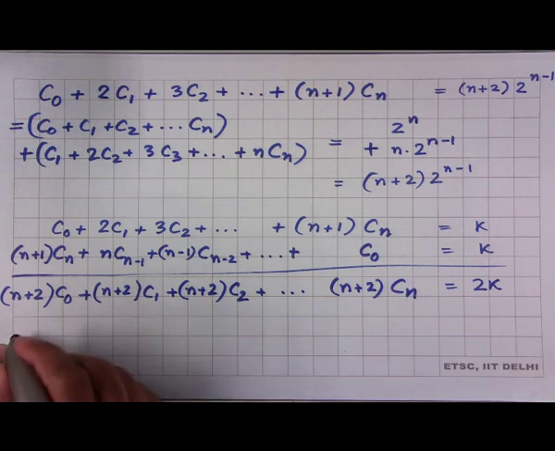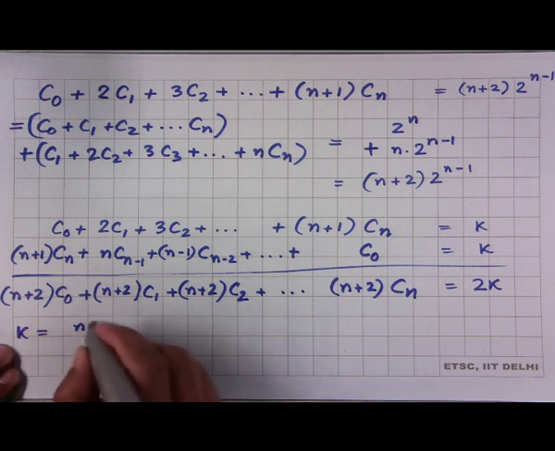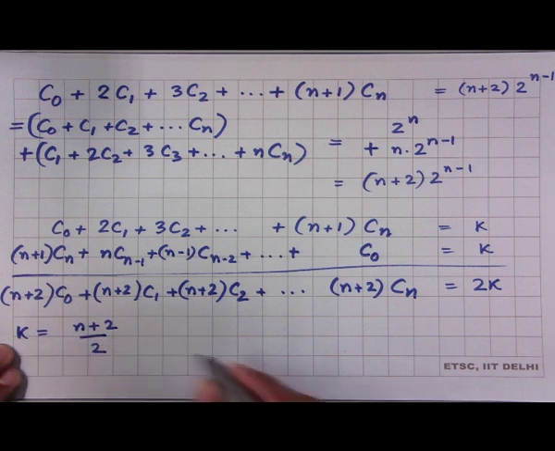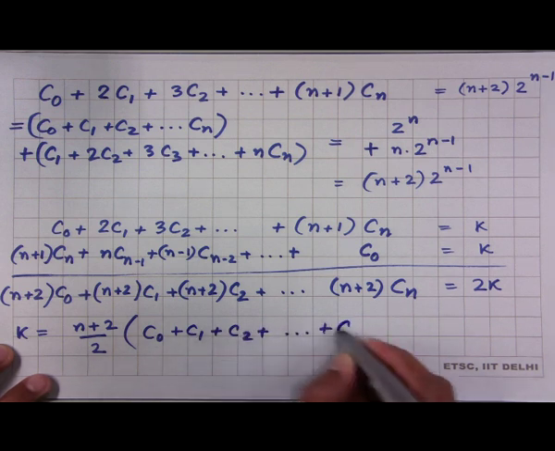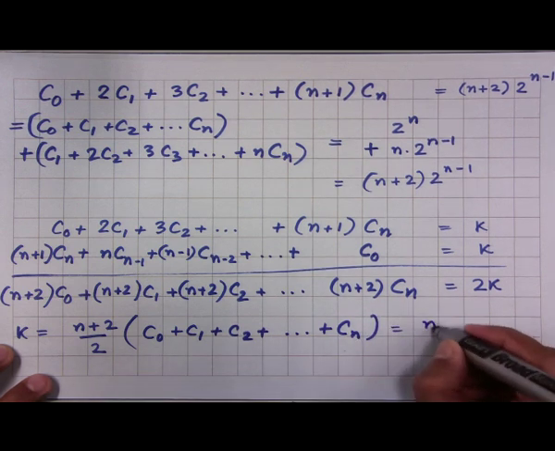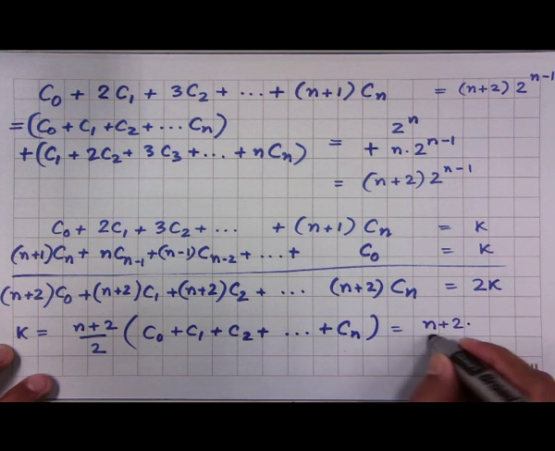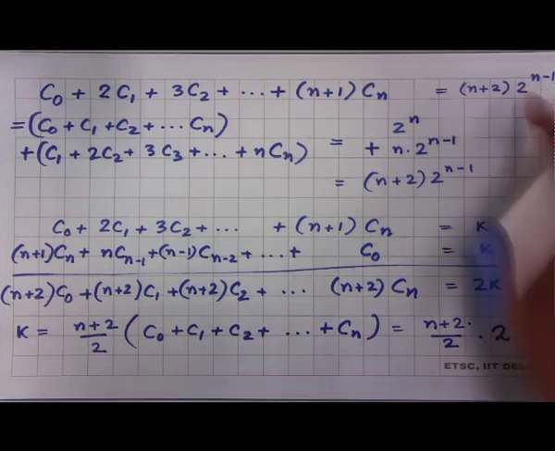Therefore, k is equal to (n plus 2) by 2 times (C 0 plus C 1 plus C 2 all the way till C n), and this is something that you know, this is equal to (n plus 2) by 2 times 2 power n. So, you have got the same answer.